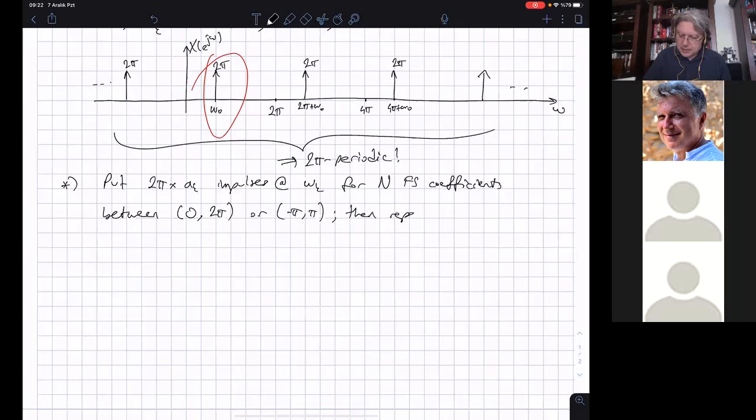Then repeat them to make X of e to the j omega 2 pi periodic.